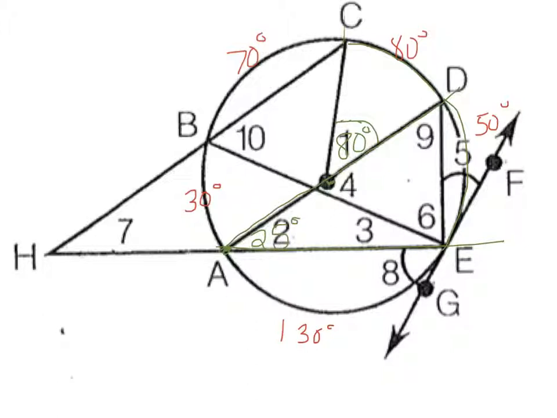So I know that angle 2 has to be 25. All right, I look at angle 3. Angle 3 is another inscribed angle, and it goes with this arc of 30. So I know angle 3 has to be 15 degrees because it would be half of the 30.